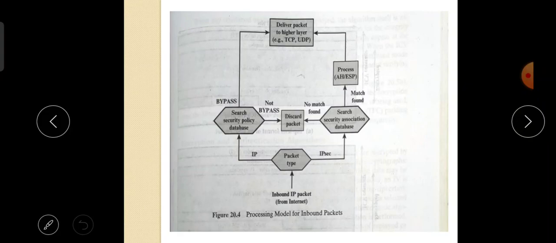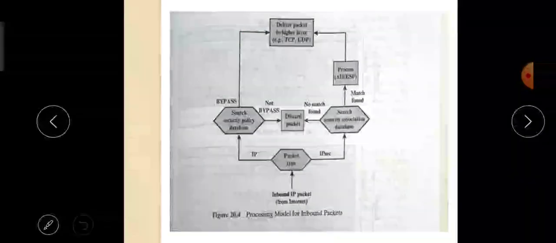If the first matching entry has a policy of bypass, the IP header is processed and stripped off, and the packet body is delivered to the next higher layer such as TCP or UDP.